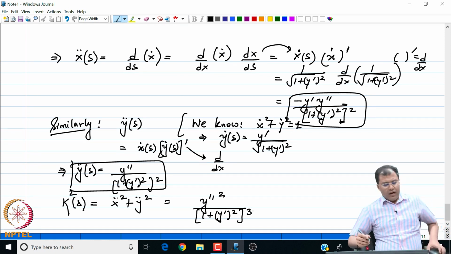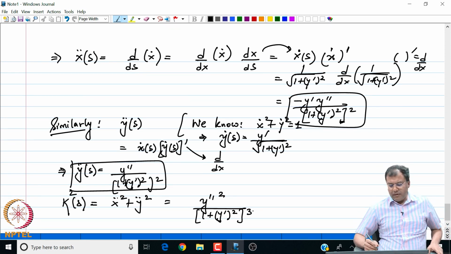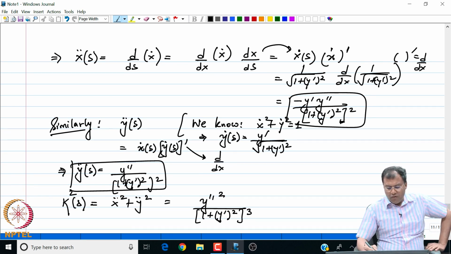Notice that my curvature now depends on the slope of the curve y prime, and it reduces to y double prime square when the slope is negligibly small. Okay.